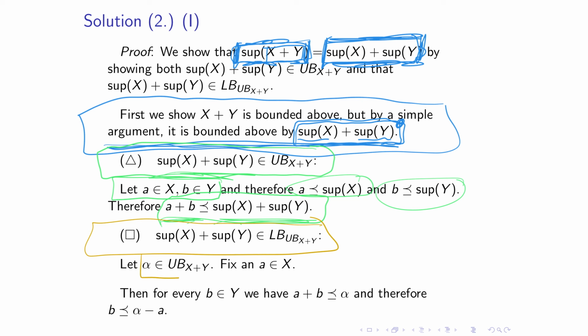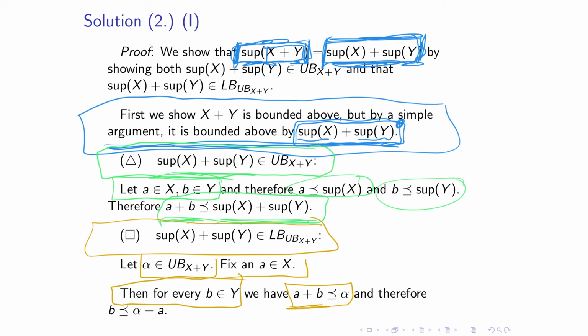To that end, we pick an element alpha out of the upper bounds on x plus y. Let us temporarily fix a particular choice of a in x, and then think, corresponding to this choice of a, about the various choices for b in y. Now, with this fixed a, no matter what b we pick, alpha is going to satisfy this inequality because alpha is an upper bound on x plus y.